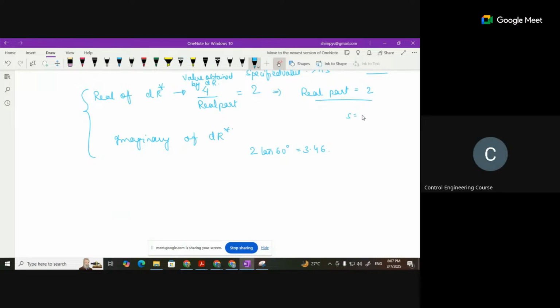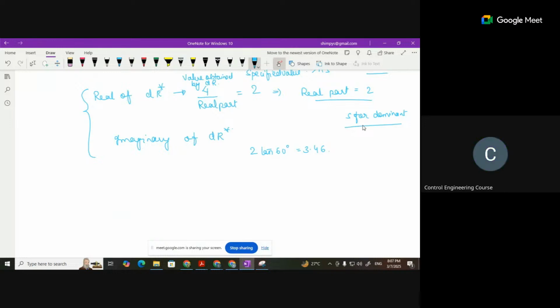We have to calculate s now, for the dominant poles, because it is meeting our one requirement but not the other one. And the imaginary part is whatever real part we have got, multiplied by tangent 60.